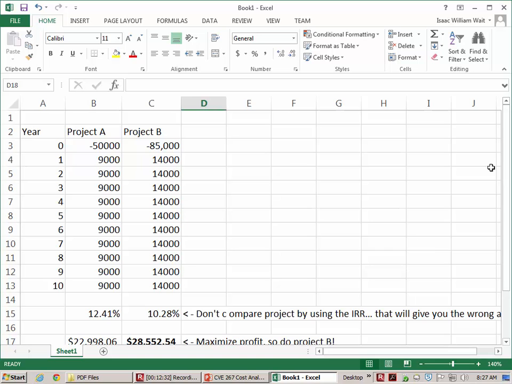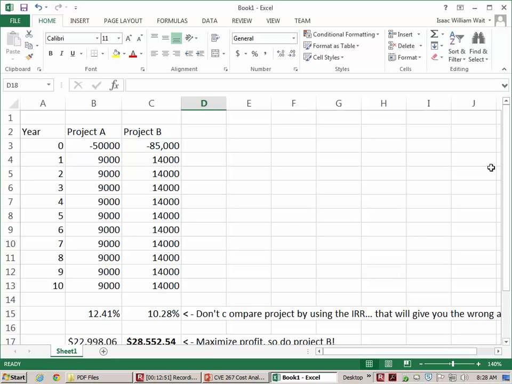So it's the present value of the cash flow, and when it's 0, we know that it's in equilibrium from our inflow and outflow. When it's 0, it means the revenues are equal to the initial investment. When it's above 0, that means the revenues are greater than the initial investment.